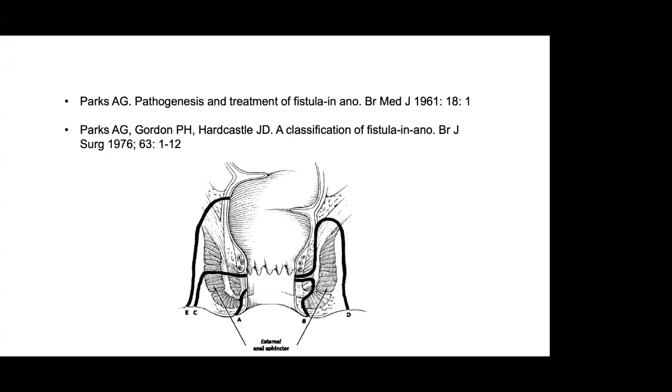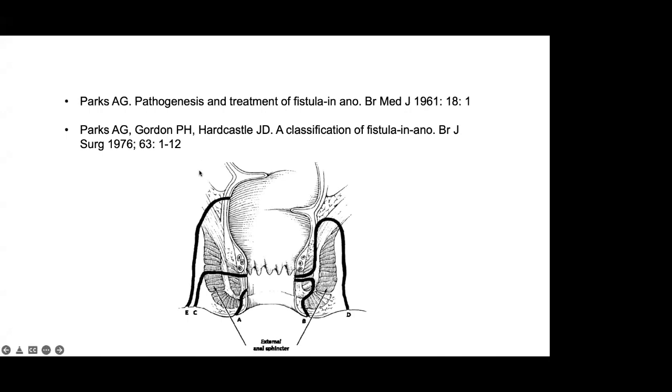Moreover, in 2 out of 3 specimens, one or more glands entered the internal anal sphincter, and in half of the cases, this gland passed through the internal sphincter and ended up in the intersphincteric space.